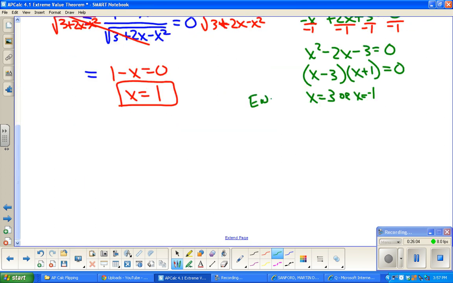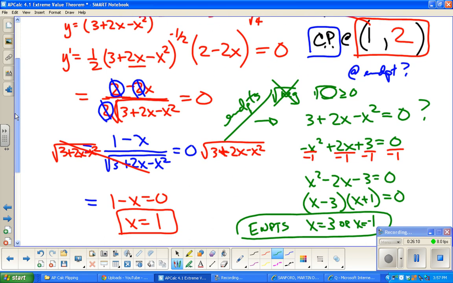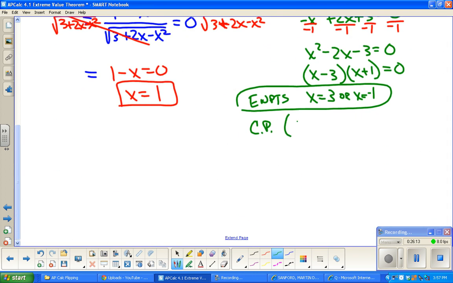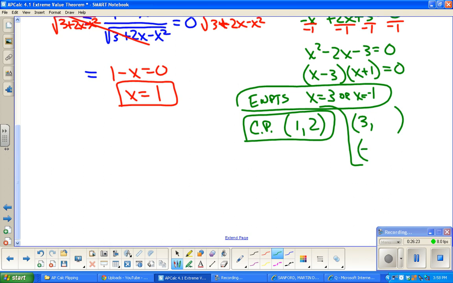So let's look at what we've got going here. I have endpoints, and I have a critical point. The one critical point I have is at (1, 2). Those endpoints, it'd really be nice if I had some y values for those.